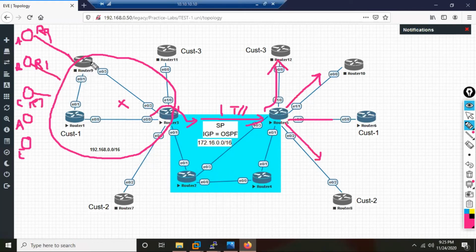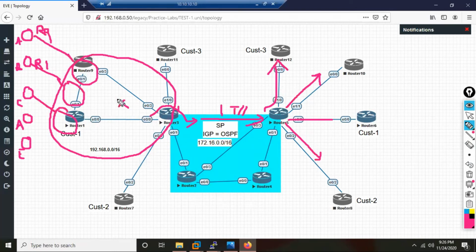For this one I have one VRF, for this one I have maybe another VRF, and for the third customer maybe I have another VRF, with separate interfaces like that.